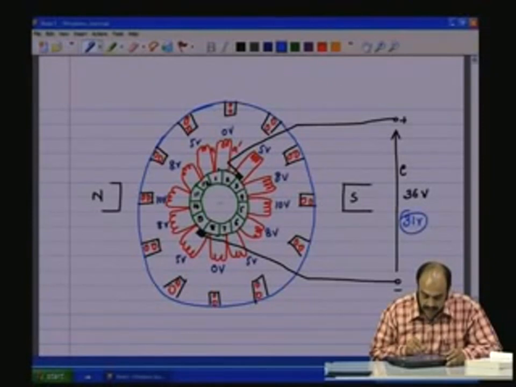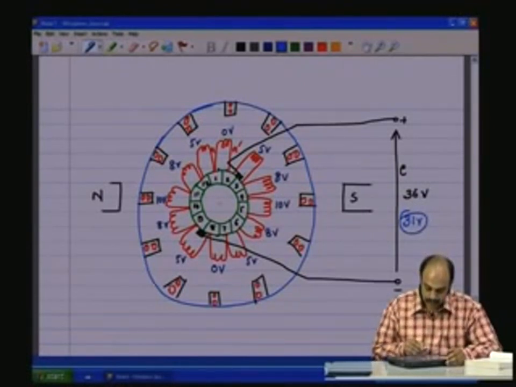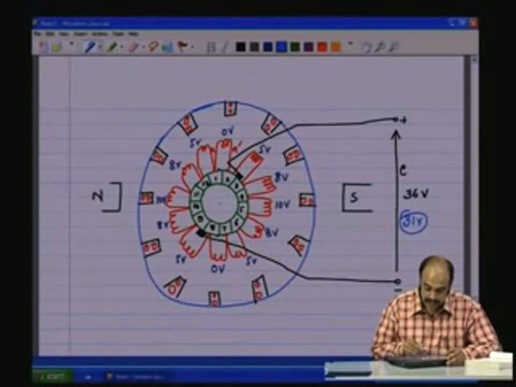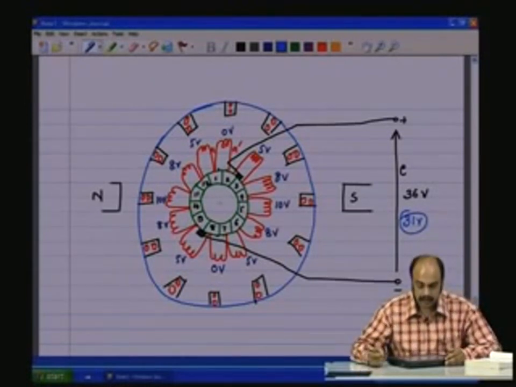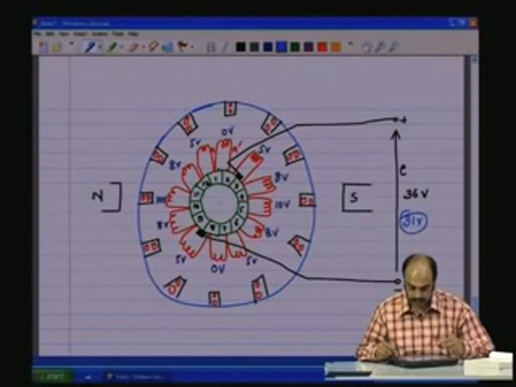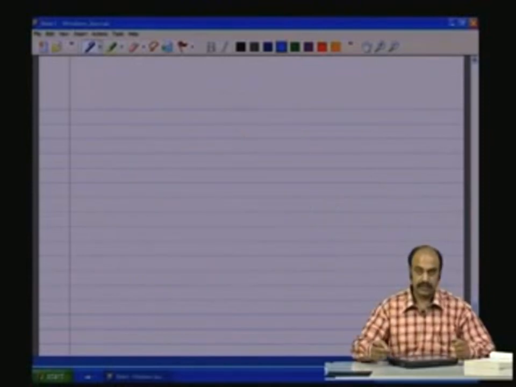The induced voltage across the coil is around 5 volts, which means the 5 volts get shorted through the 2 commutator segments because of the brush. So there can be huge circulating currents in the coil winding, which could result in a lot of I2R losses. So this is how the DC machine will look.